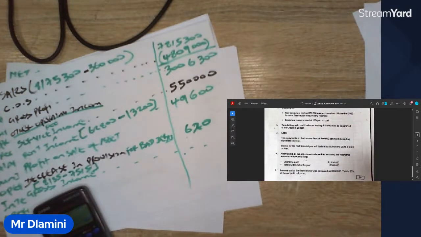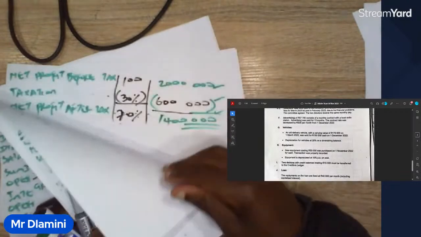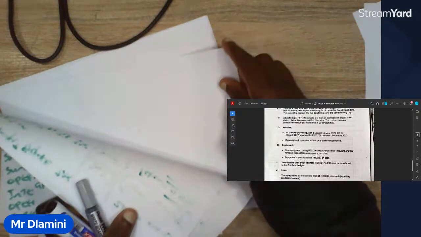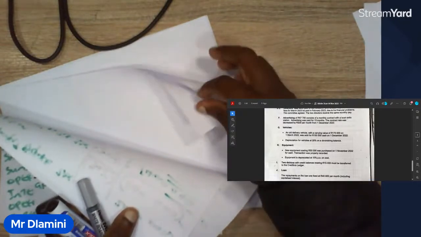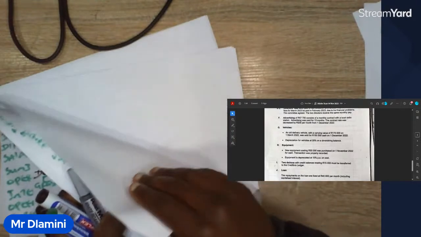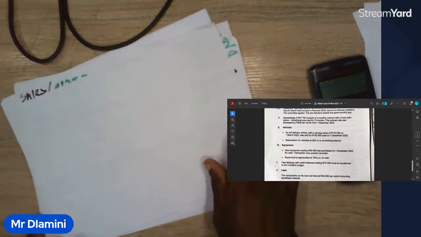It's very easy to calculate the asset disposal at grade 12. Sometimes they will say calculate the asset disposal account before the income statement, and then you have to do your income statement. So it's very easy, even to pass the question. That's how you have to calculate your asset disposal.